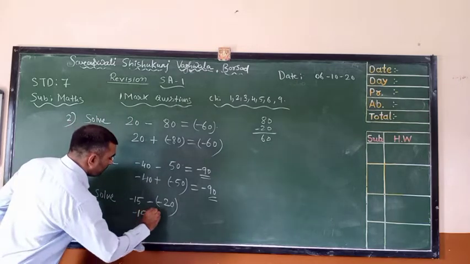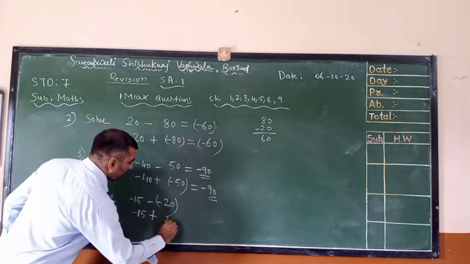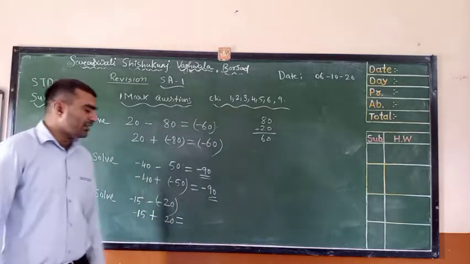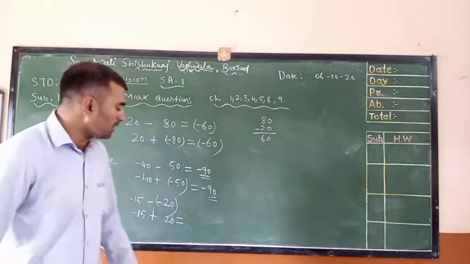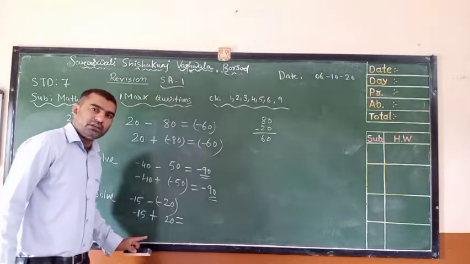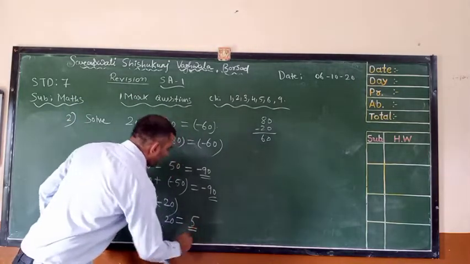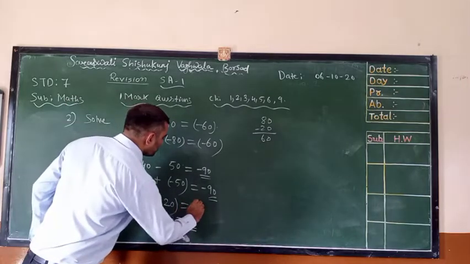Minus 15 plus, we change the sign of this integer, it becomes positive. Now we are in addition, one integer negative and one integer positive. We subtract from the bigger number, that means 20 minus 15. We get 5, and it will be positive because 20 is greater. So the answer is 5.